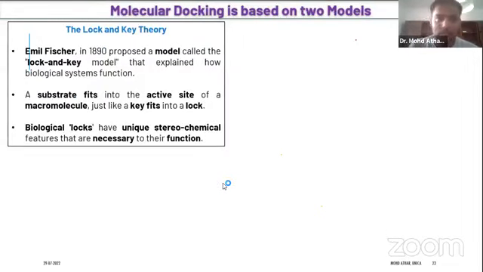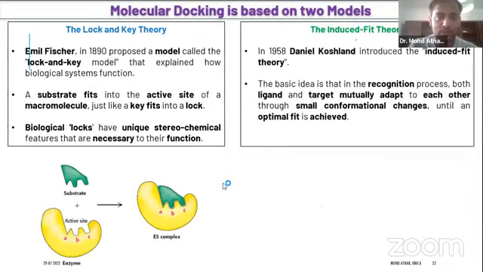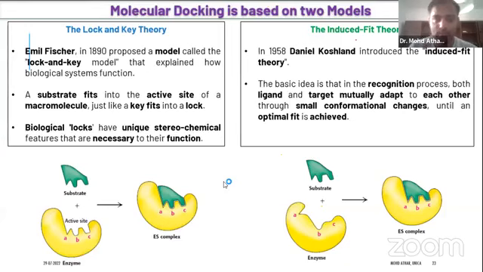So essentially, molecular docking is based on two models, the first being lock and key. Like most of us have studied at the 12th class level, this lock and key model is a kind of enzyme-substrate model. The substrate will bind to the enzyme in a certain fashion, and then it will block the activity of your enzyme. If it is a competitive inhibitor, it will bind there; if it's a non-competitive inhibitor, it will bind somewhere else, and then it will affect the activity.